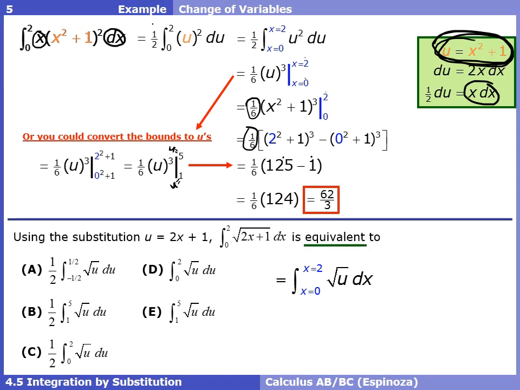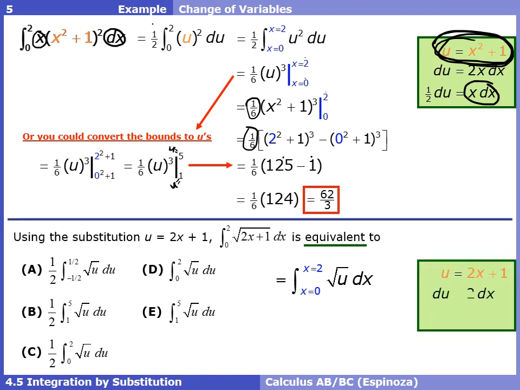We don't have to change our bounds over to u's. You'll notice in the problem above, the first way I did it, I never had to change my bounds. But the key here is they want us to find an equivalent expression. Because we want to find an expression that's equal to the original one, as soon as you start changing things to u's, everything has to be u's, even the bounds.